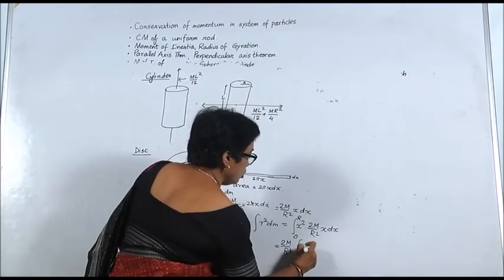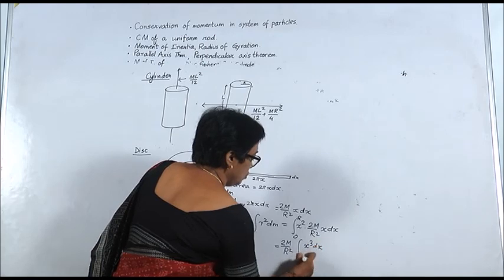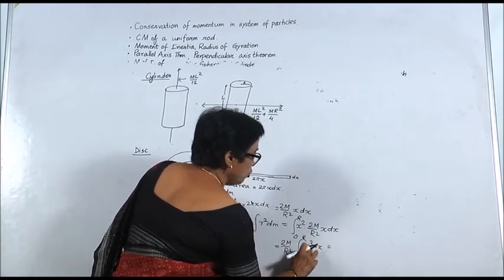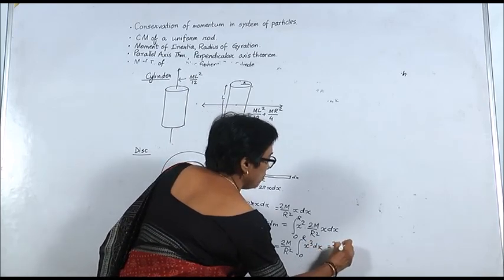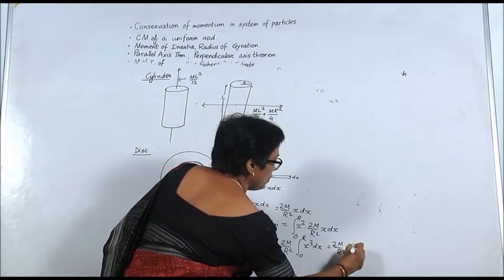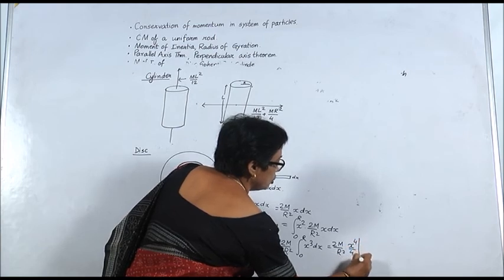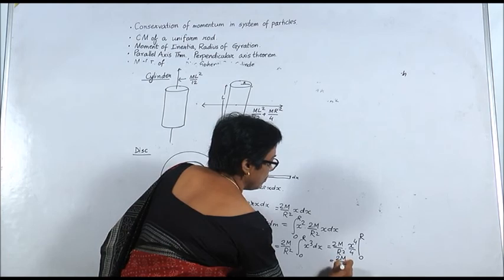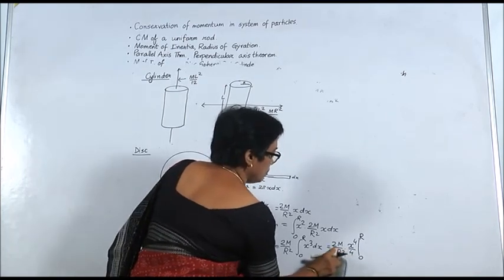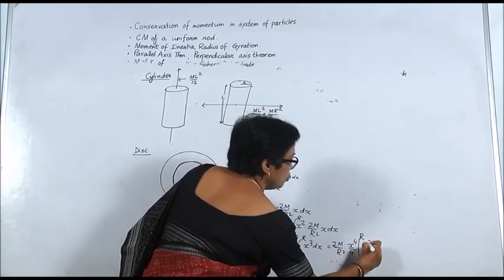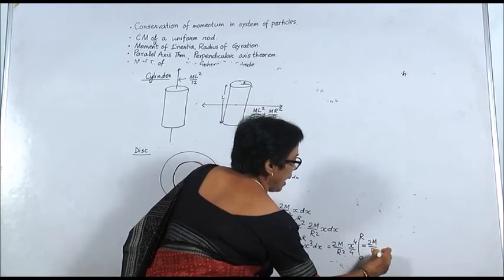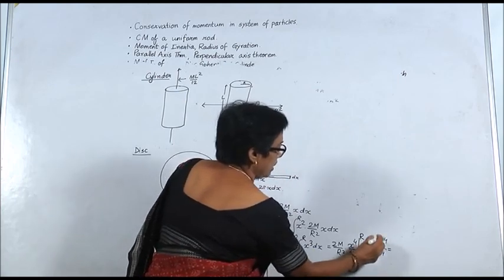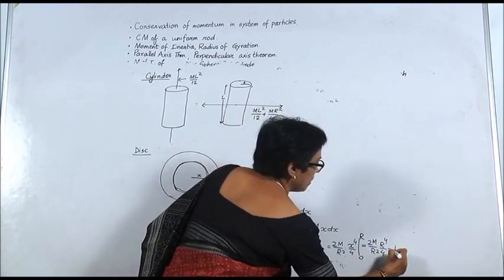This is an integration of x cube dx, not x square dx, from 0 to r. So this will be x to the power 4 by 4. So this will be 2 m by r square into x to the power 4 by 4 from 0 to r. This gives us 2 m by r square, r to the power 4 by 4, and r square cancels out, 2 by 4. So half m r square.